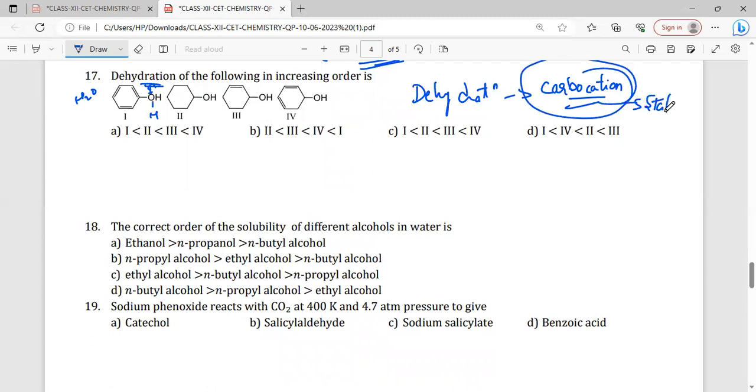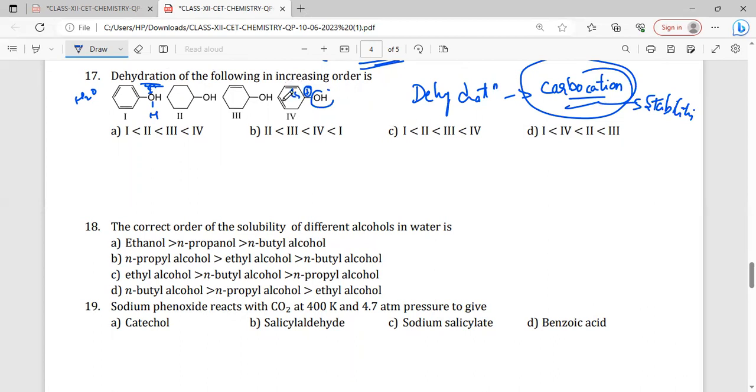So now we have to observe which carbocation formed by dehydration would be stable. If the carbocation is stable, then the dehydration reaction occurs very quickly, right? So now let's observe this. If I remove this OH as water, I'll be getting this carbocation, right? This carbocation can be stabilized by the adjacent pi bond by conjugation, right?